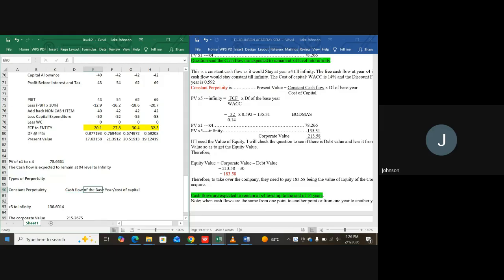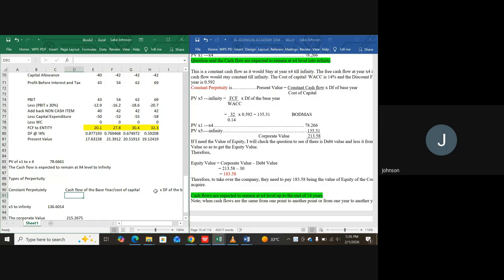Then you go further to multiply it by the discount factor of the base year. So that's how we're able to get what we got.